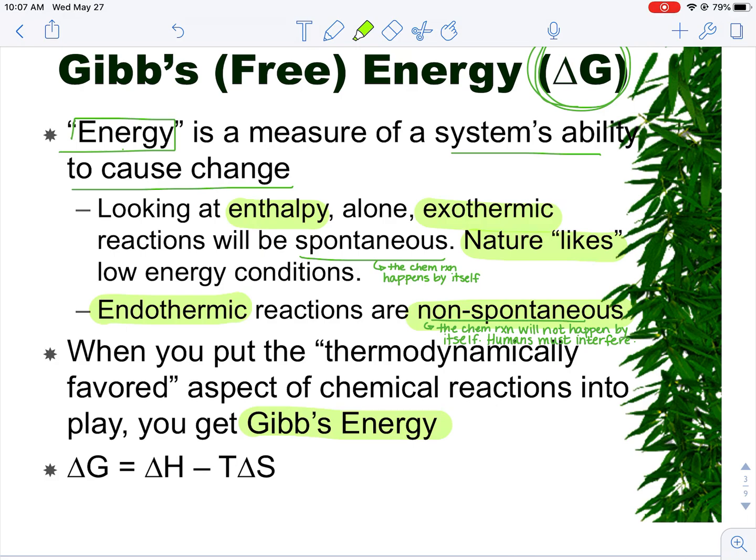So Gibbs energy looks at both enthalpy and entropy simultaneously. Gibbs energy is going to be calculated using this formula. Delta G is equal to delta H minus T delta S.